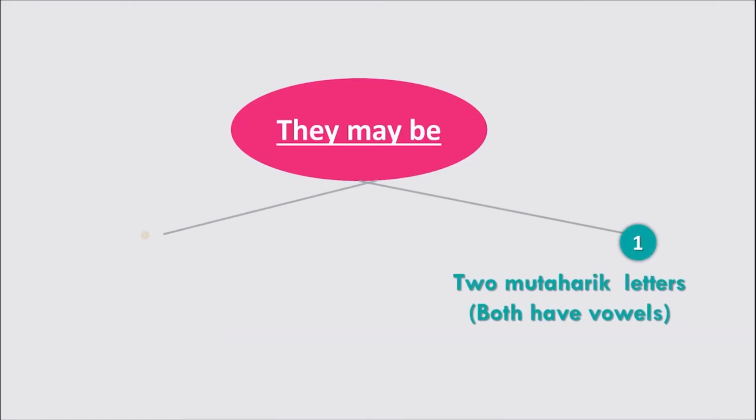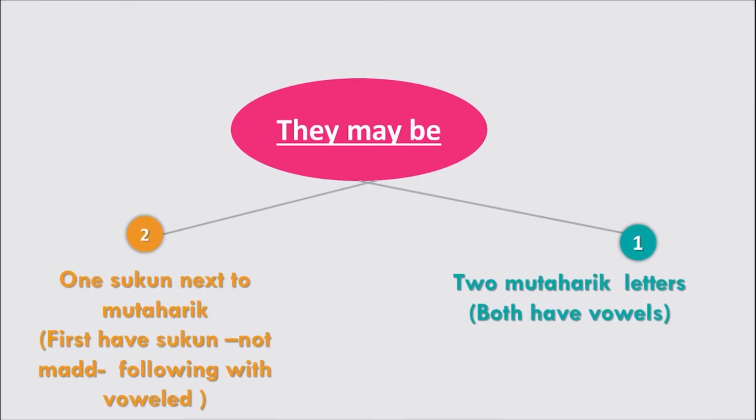So we may have two probabilities in this case. The first one, that these two letters which are identical, maybe one of them has sukoon and the second one has a haraka or vowel, and maybe both letters are voweled, meaning both letters have fatha or dhamma or kasra or whatever the haraka is, but both letters are mutaharrik.